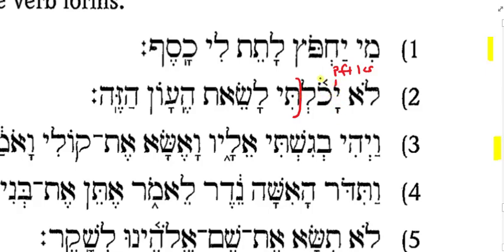This might be my 3 root letters with a kametz under it. Which stem might that be? The kal stem, right? Pakad, pakadti. But I have a holum here. Do I have any verbs that have a holum for the theme vowel in the kal perfect?